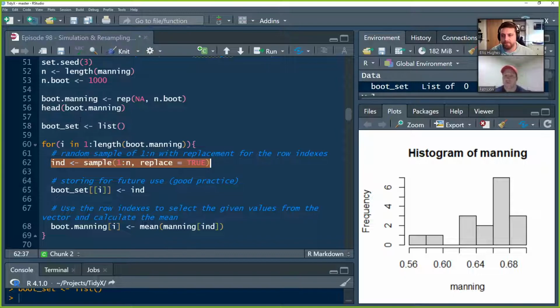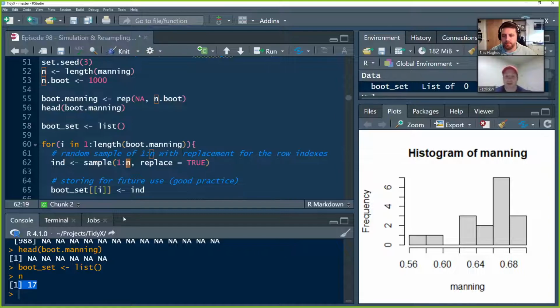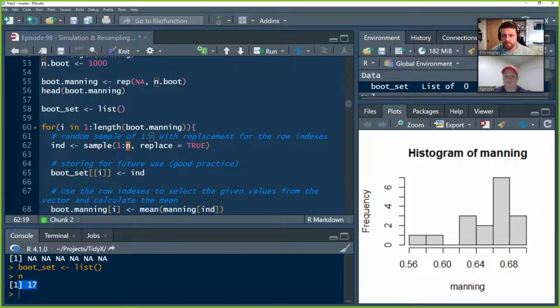And remember, for bootstrapping to work, we need to take the total number that we have of the observed values. In this case, it was 17. So we're going to sample 17 observations with replacement equals true. And we're going to store those. So we're storing indexes here. We're basically storing a vector of row indexes. We're going to save those row indexes in the boot set list that Ellis created.